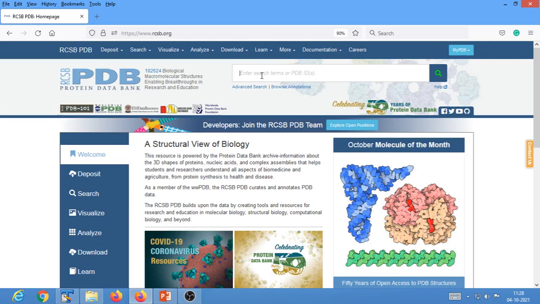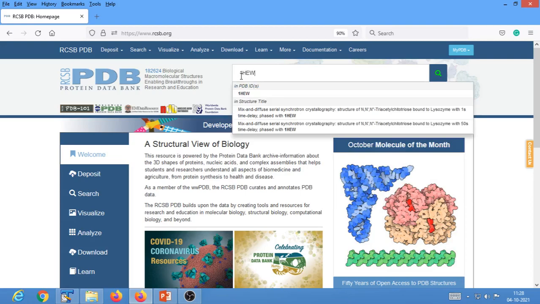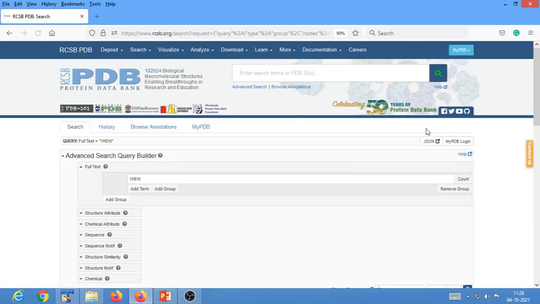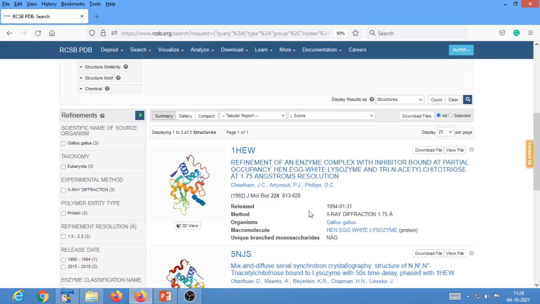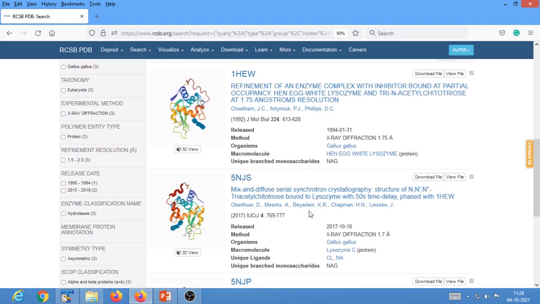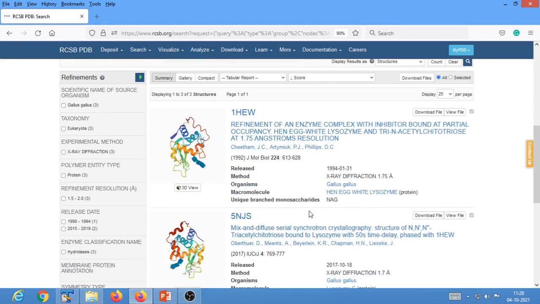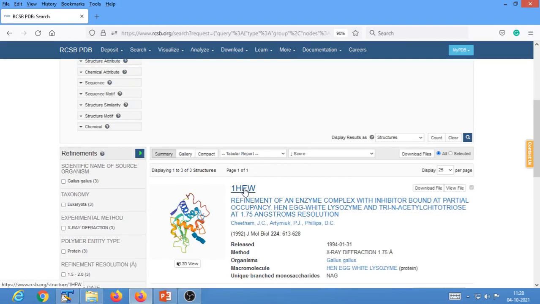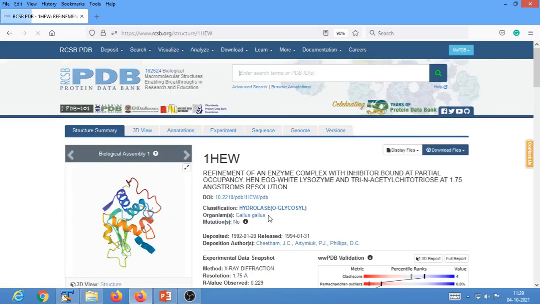I know the unique PDB identifier of our model: 1HEW. So 1HEW is the identifier of the protein molecule that we wish to work with. You can search using that unique identifier, and you will get some hits. This is what we are interested in. Click on this 1HEW, and you will be taken to a separate page for that particular model.